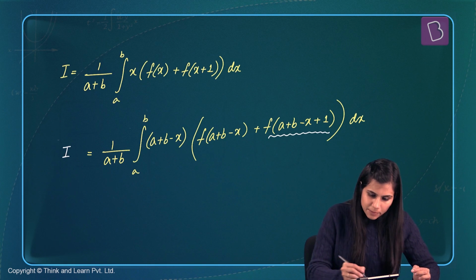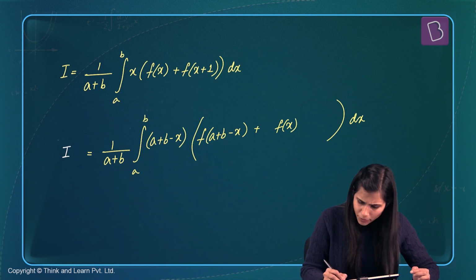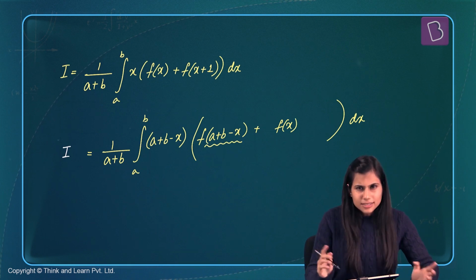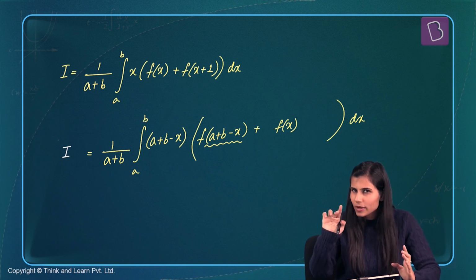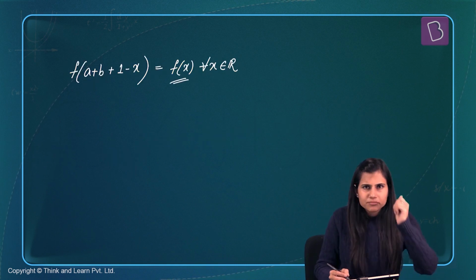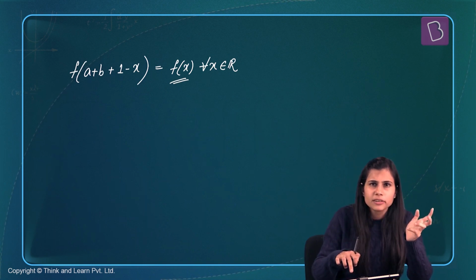So what I'm going to do is, in place of this expression completely, I will just write f of x. What about this expression? This is not a plus b minus x plus 1. Just a plus 1 is missing, right? So that's, I think, pretty much a hint to get its value from here only.